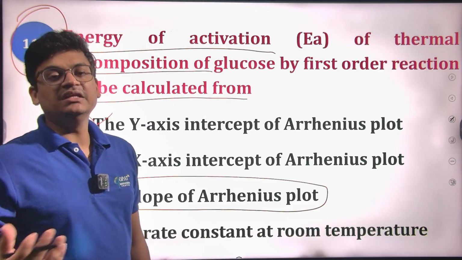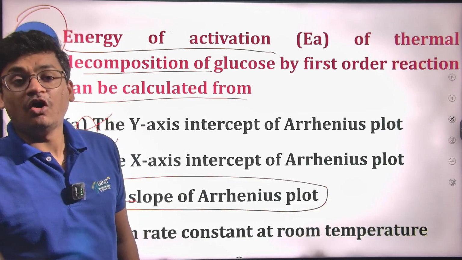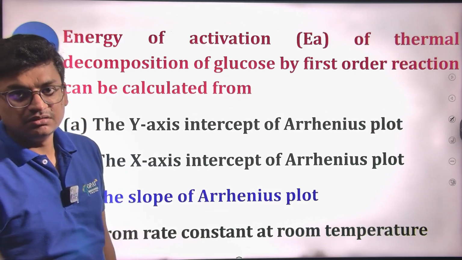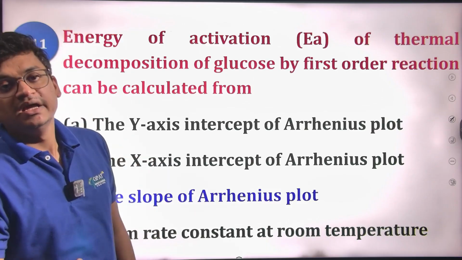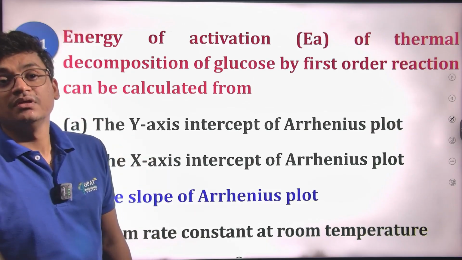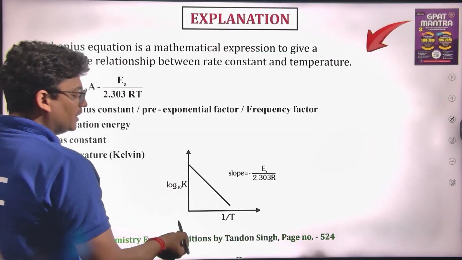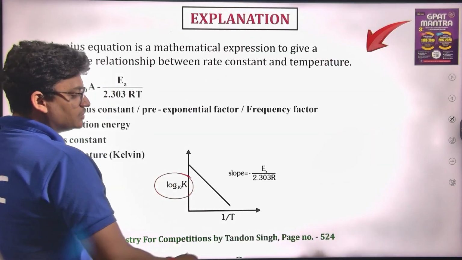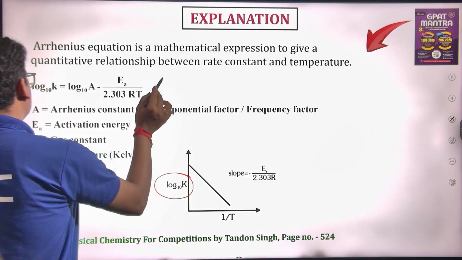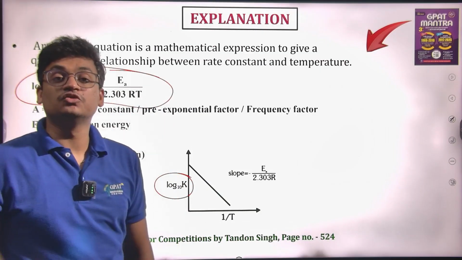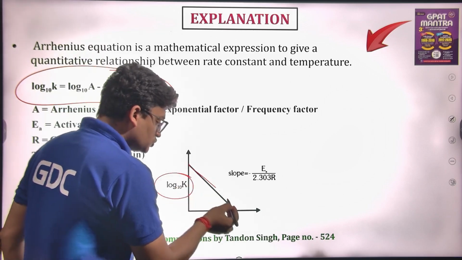In the Arrhenius formula, the rate constant is directly related with the activation energy. So that is the slope: log10 k equals log10 A minus EA upon 2.303 RT, and this is what your slope tells us.